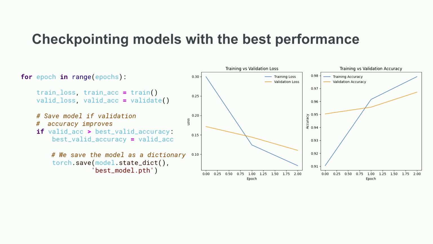If you take a look at it in detail, you see that we're tracking the best accuracy that we have found so far on the validation set. And once we find it, then we call torch.save to save the state dictionary of the model. The state dictionary is going to have all the weights of the model associated to their layers, and it's something that we can save in a PTH file. This is something that we can retrieve later in order to have the best performing model that we have found so far.